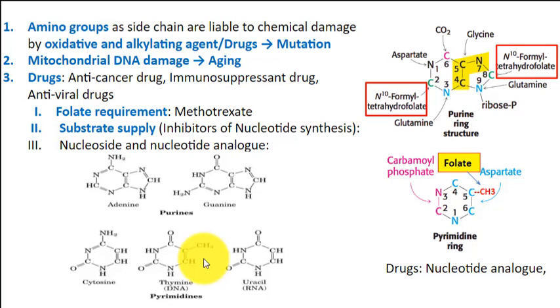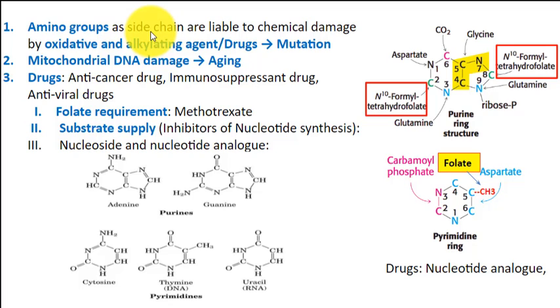Now when you understand this side chain, there is one significance: it helps in forming hydrogen bonds. Another significance is that the side chains are chemically very prone to oxidative damage. The amino group there can be deaminated. The amino group is replaced with an oxo group, and that can be a cause for mutation.